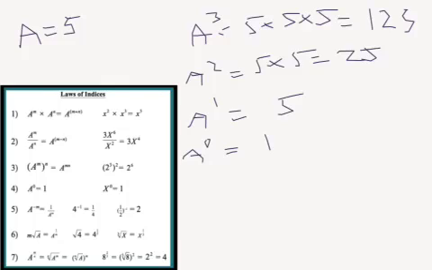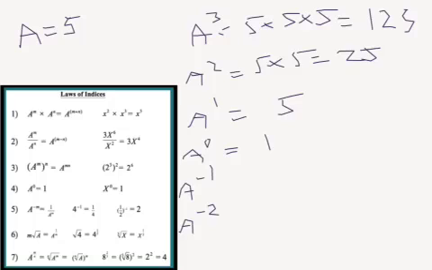And we're going to follow this on this time, and we're going to go A to the power of negative 1. Whoops, just rub that out. A to the power of negative 1 and A to the power of negative 2.